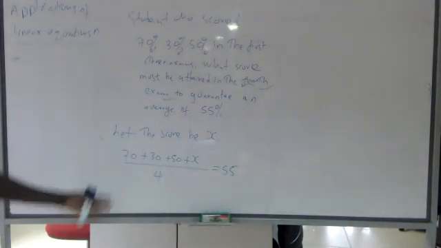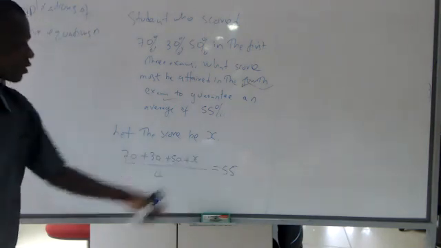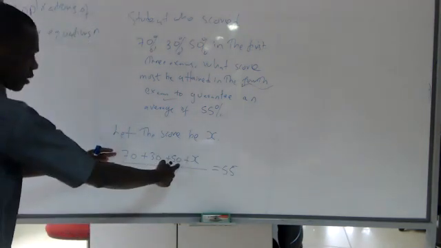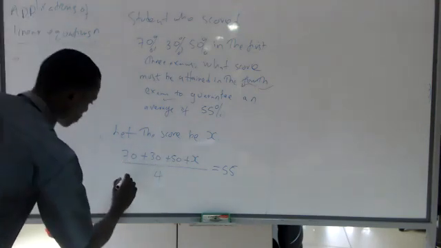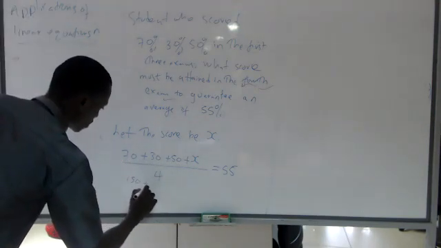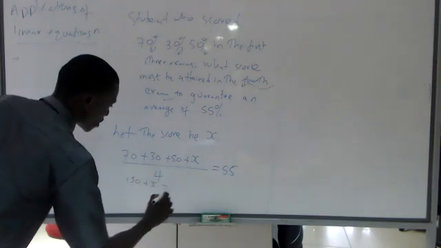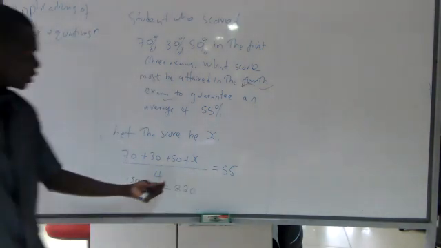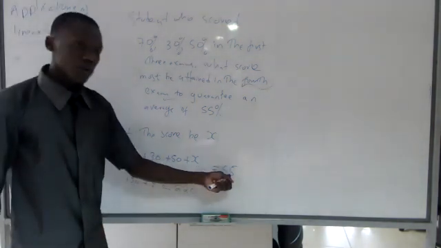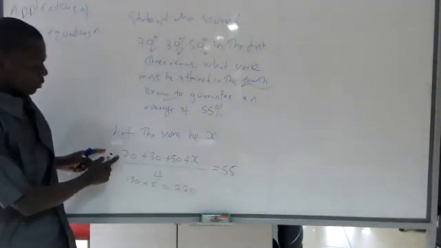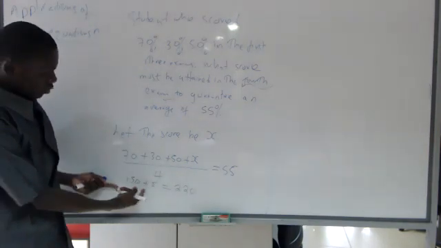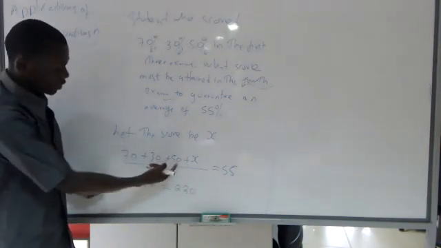Multiply both sides by 4. Okay. And then add this term. So this is 70 plus 80. So you get 150 plus X must be equal to 220, where 220 is obtained by multiplying 55 by 4. This side, if I multiply by 4, 4 cancels, so I just get 1. And then 150 is 70 plus 30 plus 50.